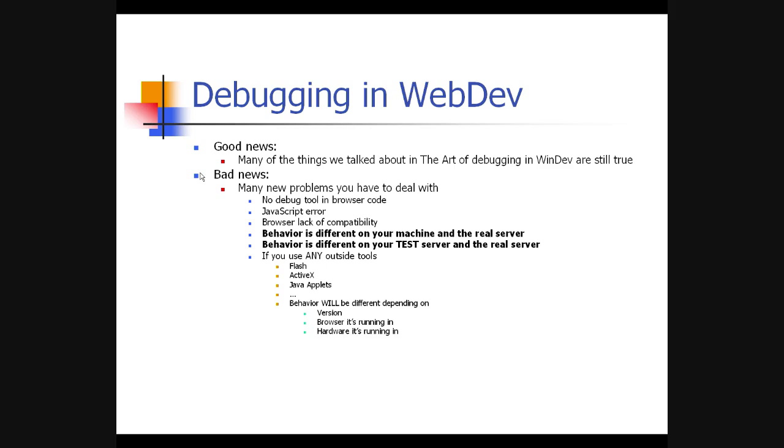Then you have the hardware it's running on, and just the hardware will make some ActiveX work differently or some Java applet work differently, and you will have to debug that. So you're just adding a new layer of complexity at that level. So basically, many things you are used to doing will just not work. You have to be aware of that. It's an environment that is much more complex than coding for Windows.